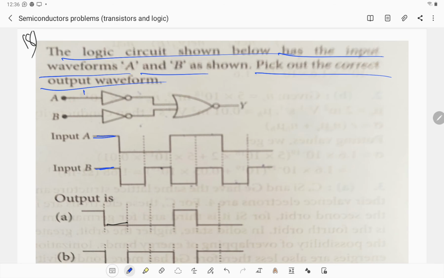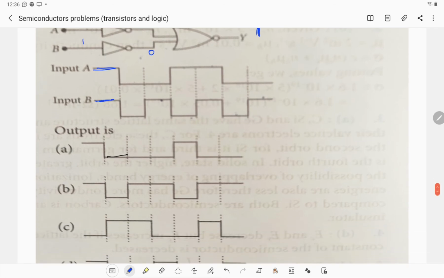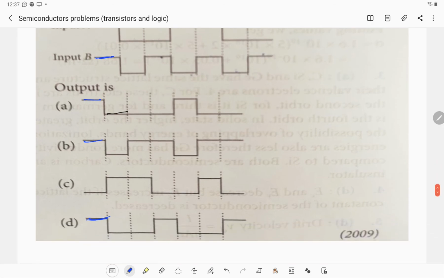Input is 1, B also 1. This is a NOT gate, here is 0, here also 0. This is a NOR gate, 0 plus 0 is 0, here is 1. Therefore, inputs are two high values, output also high. Therefore, here is high, here is high, here is high.